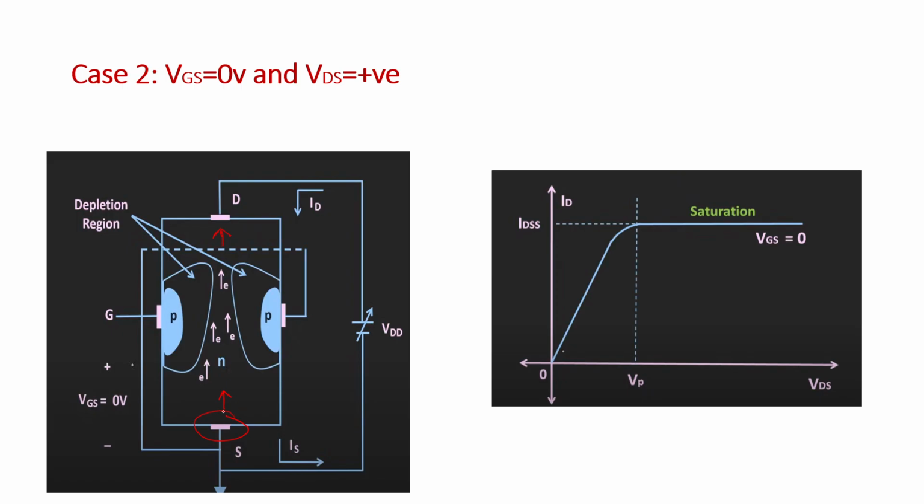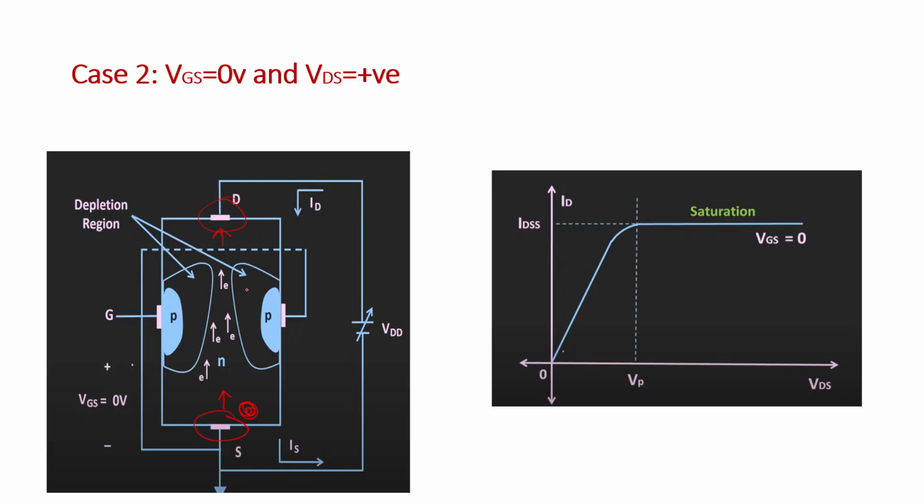So if you see, the direction is upwards, means whatever the majority charge carriers, they should start from source and reach the drain. So the movement should happen in an upward direction. So there should be some repulsive force across the source, and there should be an attractive force across the drain. Then only the majority charge carriers can move in the upward direction.